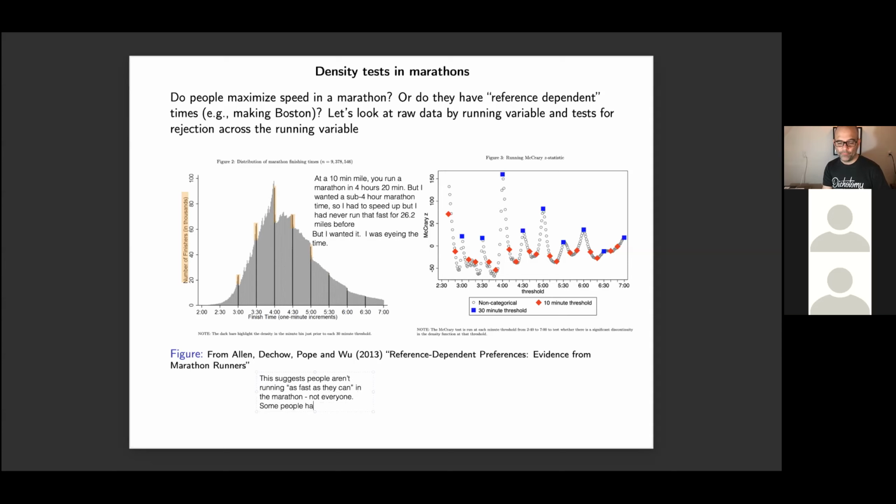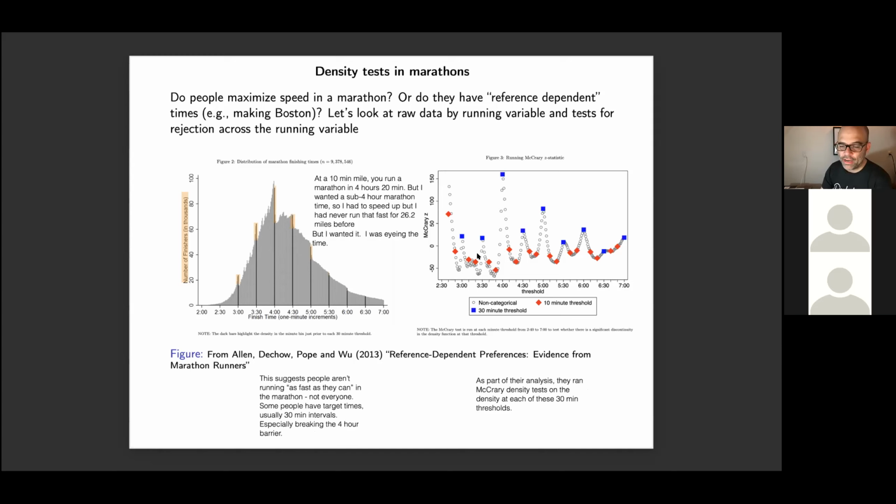Some people have target times, usually 30-minute intervals, especially breaking the 4-hour barrier like I wanted. That's the biggest one. As part of their analysis, they ran McCrary density tests on the density at each of these 30-minute thresholds.